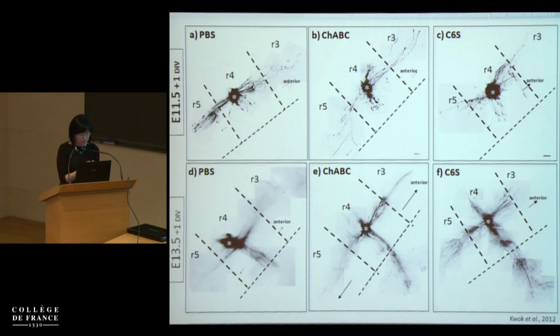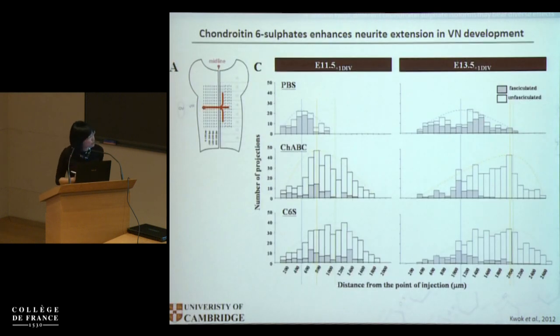So chondroitin 6 sulfate injection is giving similarly long neurites as the chondroitinase treated embryos. And in the later stage, these chondroitin 6 sulfate injected embryos are actually projecting slightly longer than the chondroitinase treated embryos. And this is the measurement of the neurites of the commissural neurons.